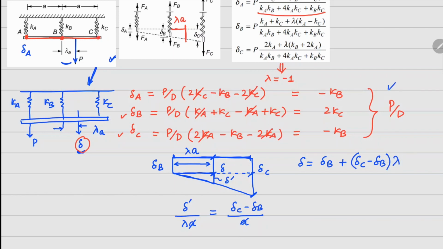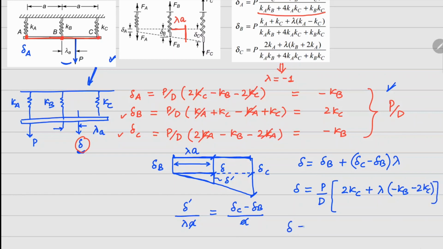Now I can substitute these values that I have solved earlier, so now delta becomes P over D, which is common. Now delta B value is 2 times Kc plus lambda, your delta C value is minus Kb, and minus delta B again, minus 2 Kc.